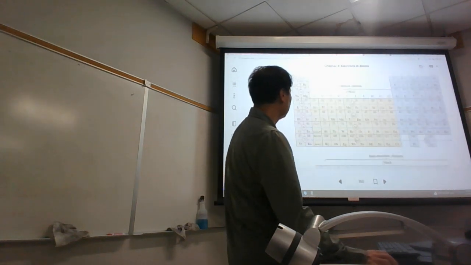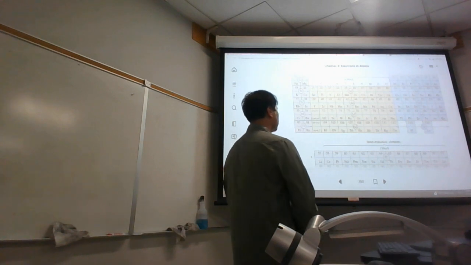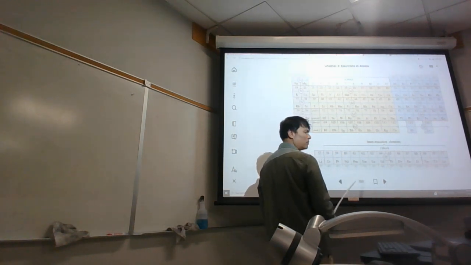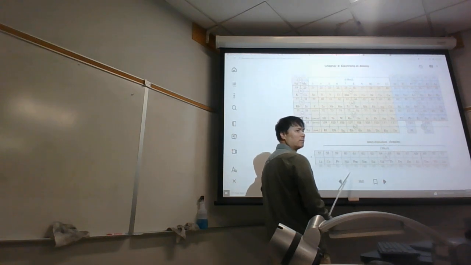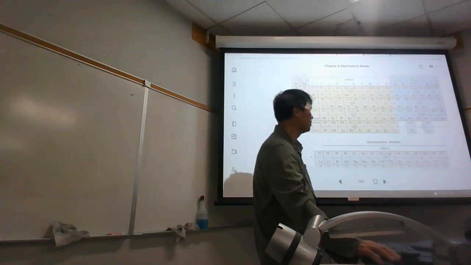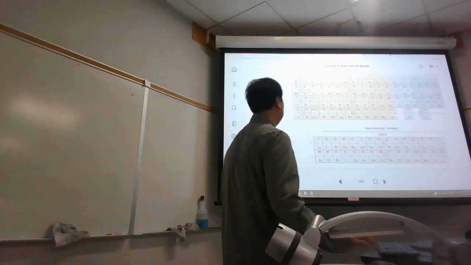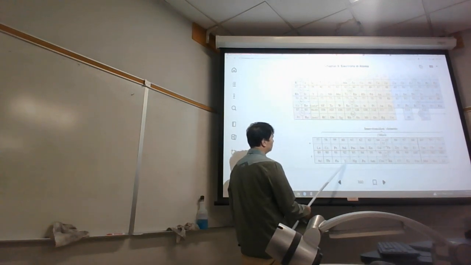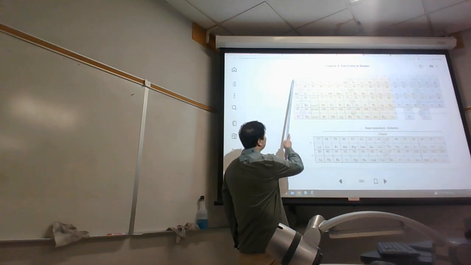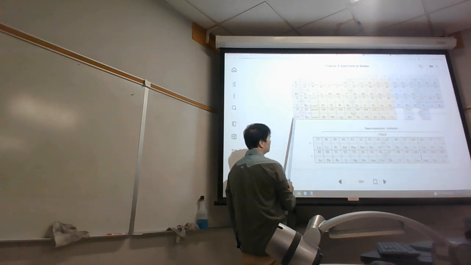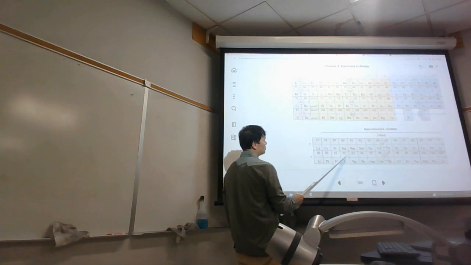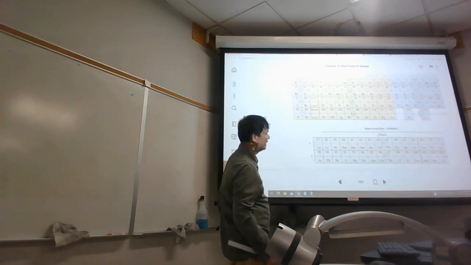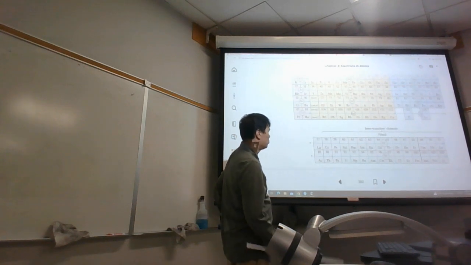So we can figure out the electron configurations just based on the periodic table. Did we do the electron configuration for uranium? Let's take a look at that. Uranium is element number 92. Rather than writing it from the very beginning, we can work backwards.